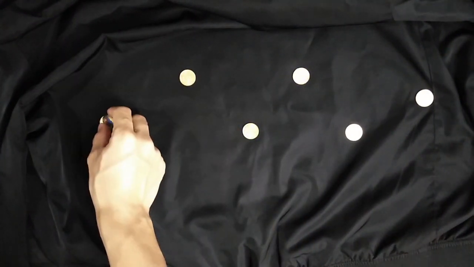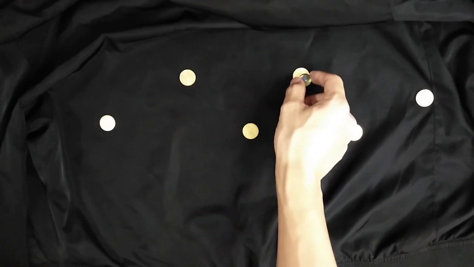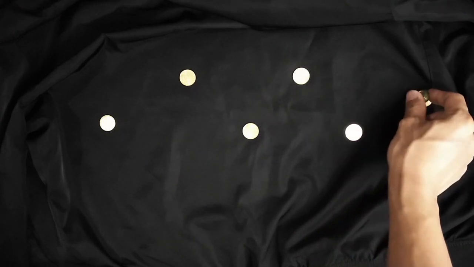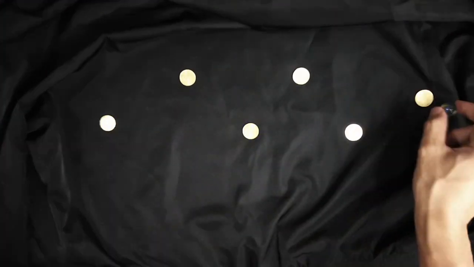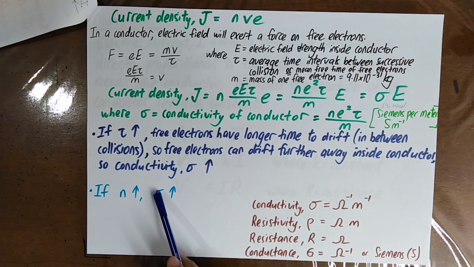That is, the free time here increases, the free time here also increases, and the free time here also increases, so that your free electron can drift further away inside the conductor. If N increases, then conductivity also increases, because now you have more charge carriers inside the conductor.